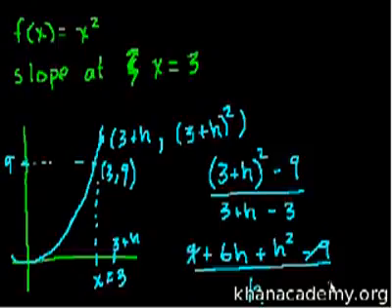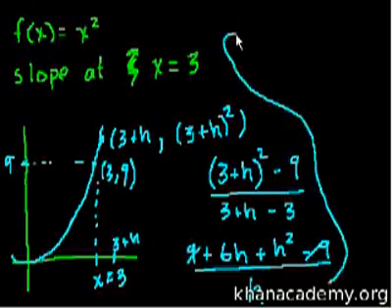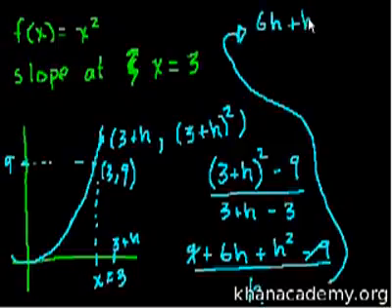So what we're left with is 6h plus h squared over h.